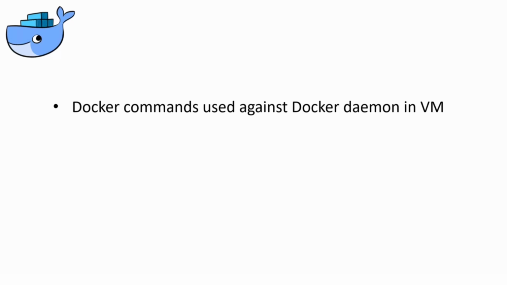Now we will be using the Docker tool installed on the host machine to check the status of the containers, to get information about the containers in the virtual machine. And to do that, we will have to set up some environment variables on the host machine.